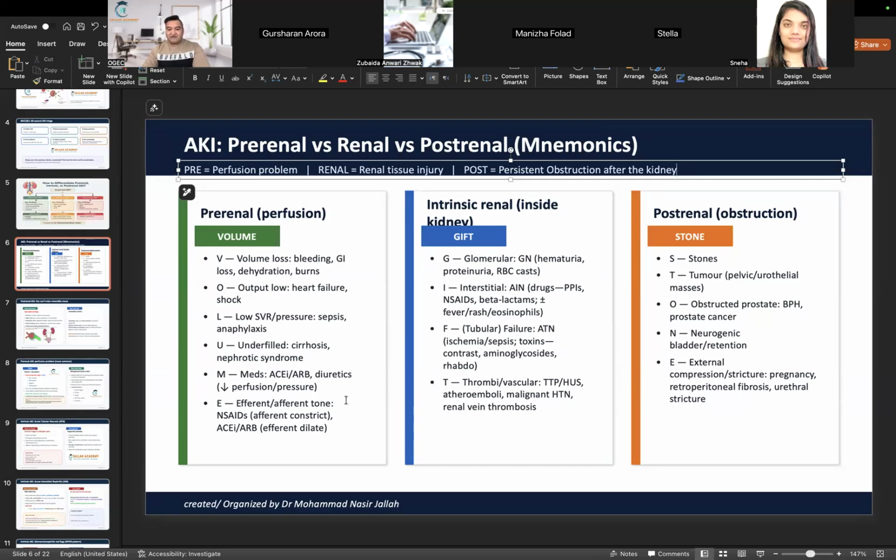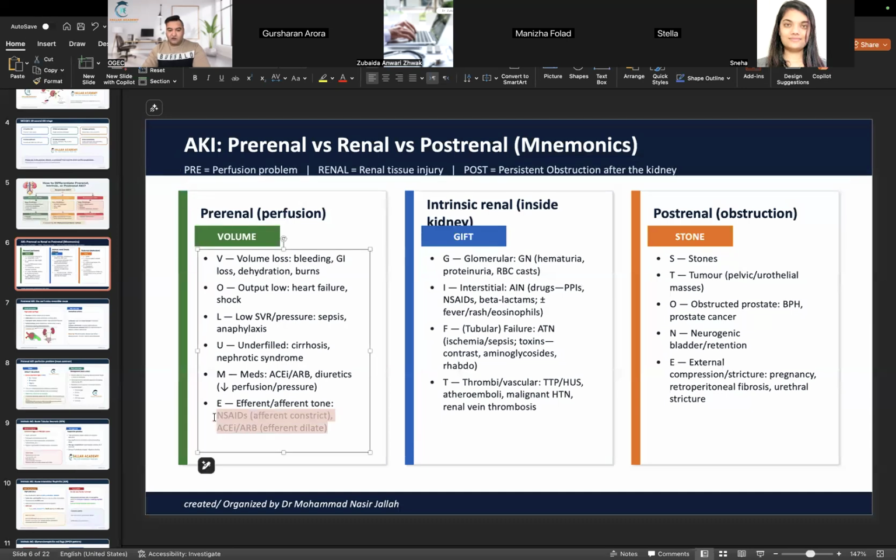E for afferent tone. Out of all of them, these two are very, very important to remember for the licensing exam. Usually they may ask you how non-steroidal anti-inflammatory drugs cause pre-renal acute kidney injury by constricting the afferent, and how ACE inhibitors or ARBs cause pre-renal acute kidney injury by dilating the efferent. So NSAIDs: afferent constriction.